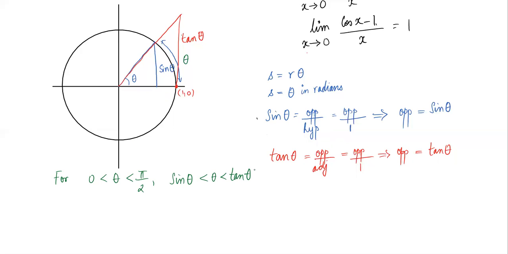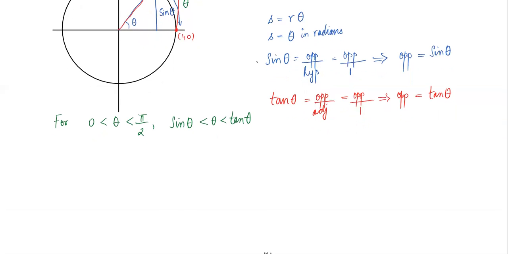This is crucial because we have trouble with finding the limit of sine x over x. So sine theta over theta is our problem. So I'm trying to involve a relation between sine theta and theta here, and then use algebra to get through this. Okay, so then I have sine theta less than tan theta.